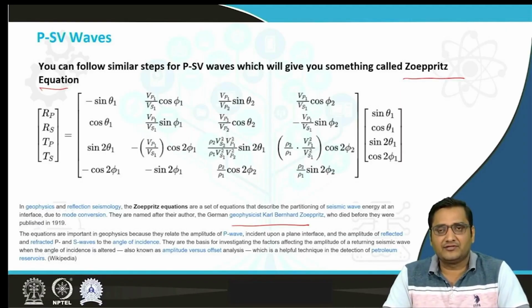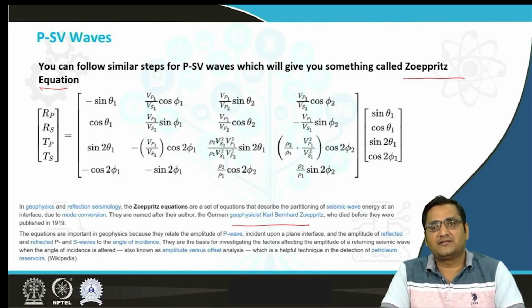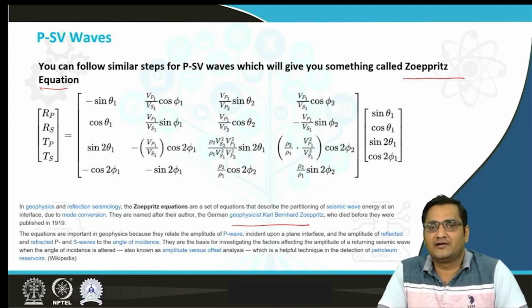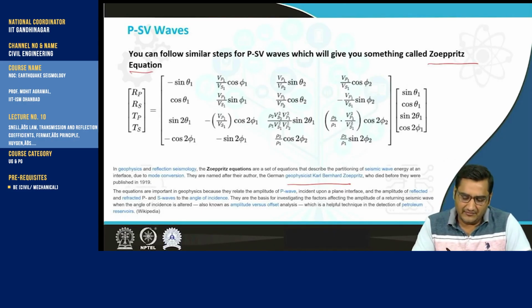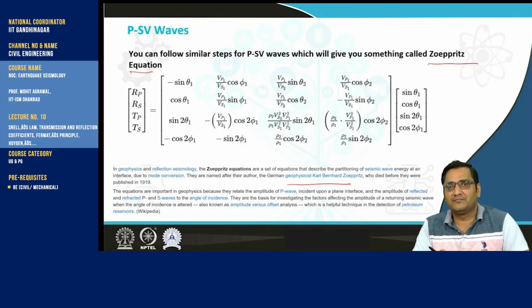These equations are prominently used in reflection seismology, and they describe the partitioning of the seismic wave energy at an interface and due to mode conversion. So it can be used to find the amplitude of the reflected P wave, reflected SV wave, and the transmitted P wave and transmitted SV wave at an interface.